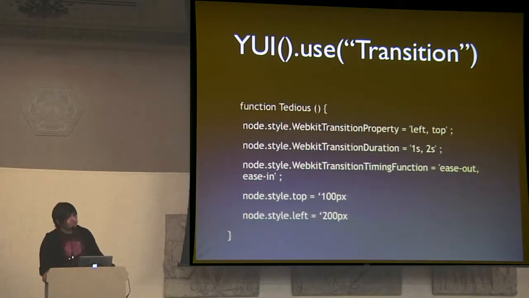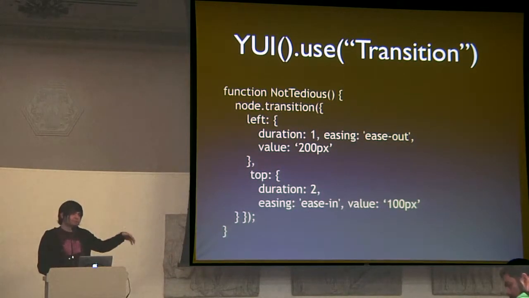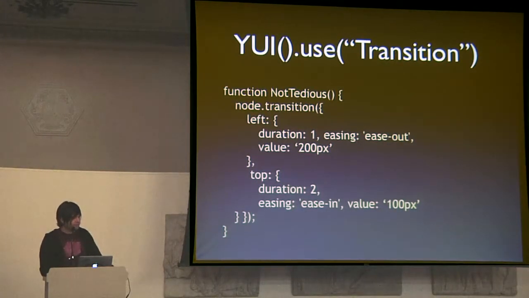So what this means to you is instead of having to do something like this, where you have to manually set all these different properties for all your transitions, you can just easily apply all of these to the node itself that you wish to transition. So again, much simpler, much cleaner.